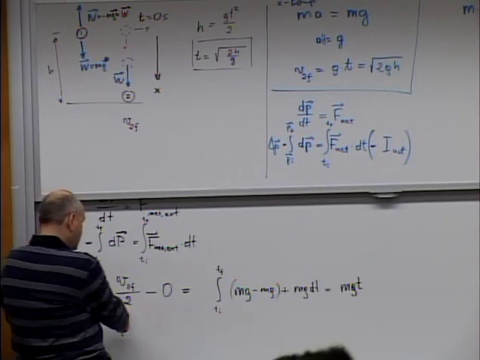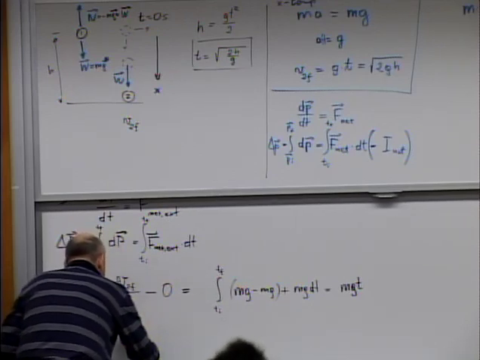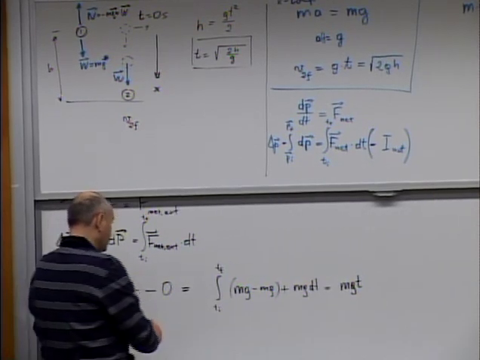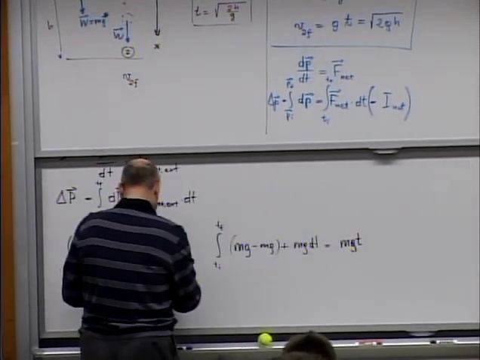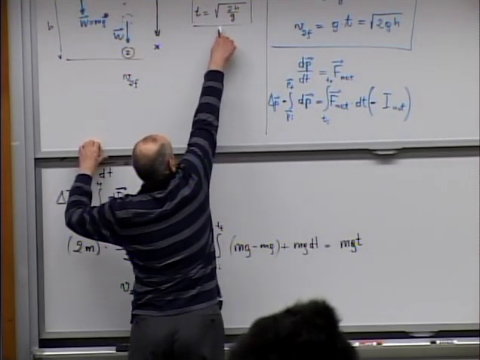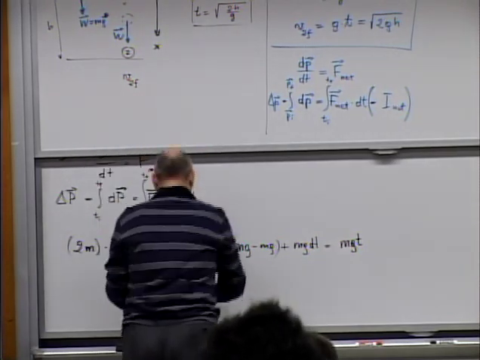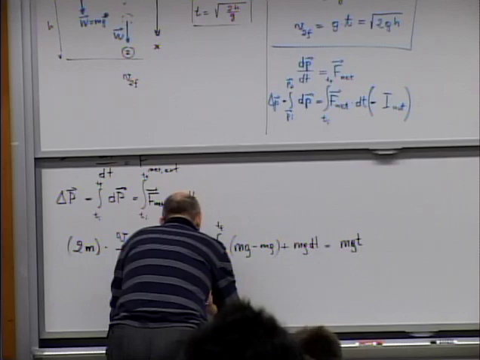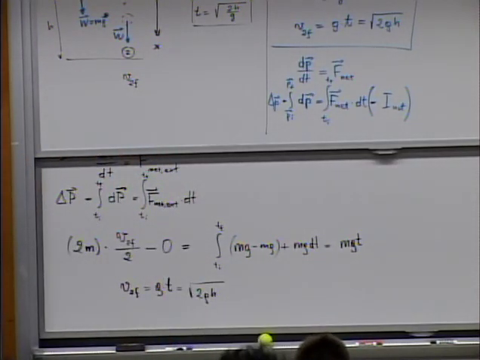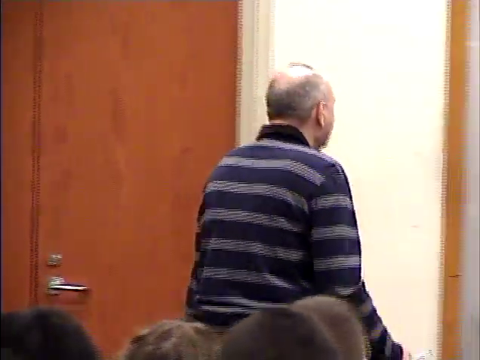Now I have m over here and m over here, so I can divide both sides by that, and I will get that the speed of particle 2 is g times t, and I plug in again the instant at which the ball hits the ground. So I'm going to get the square root of 2gh. Are you happy? It's the same, right? We got the same.